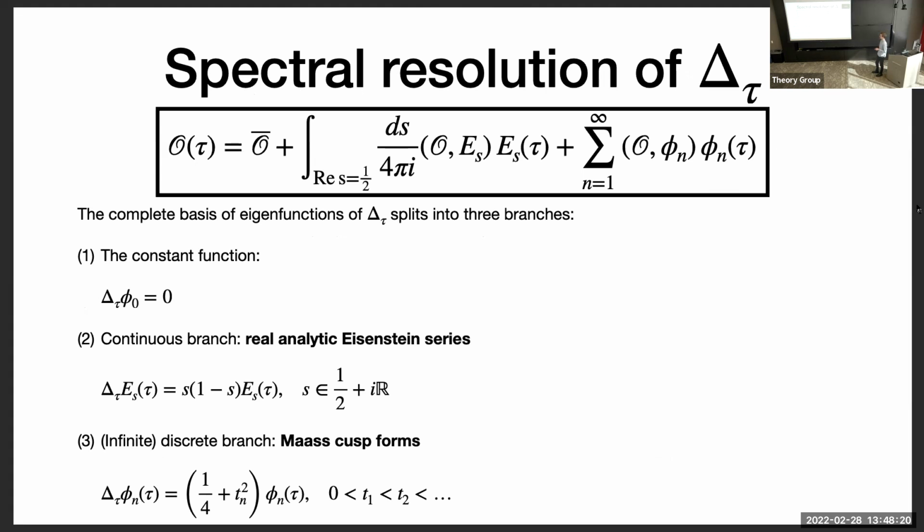They have this eigenvalue under the action of the Laplacian, and they're delta function normalizable when s takes these values. And finally, there's an infinite but discrete branch spanned by the so-called Maass cusp forms. They have these eigenvalues where the t's are a set of sporadic real numbers. And these are actually normalizable with respect to the Petersson norm.